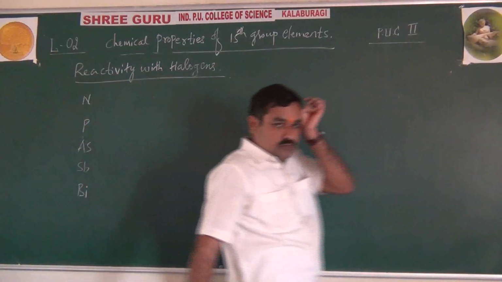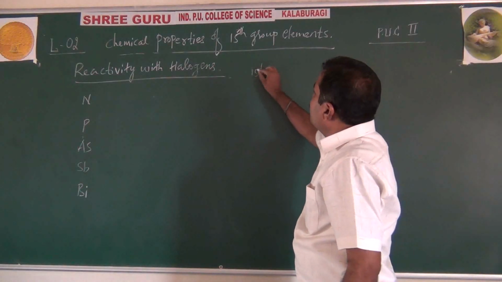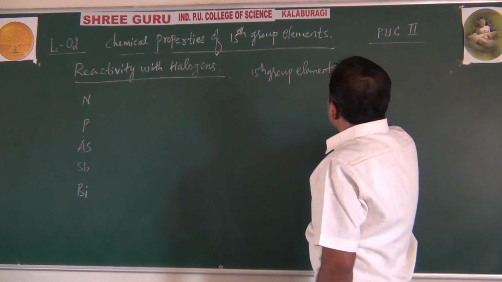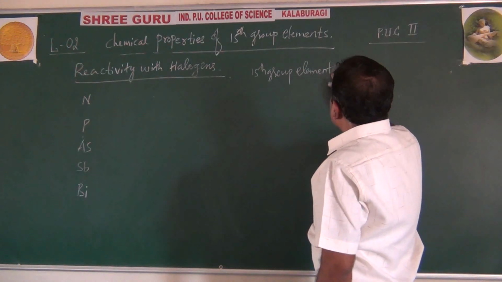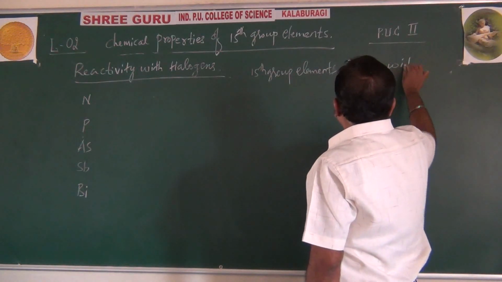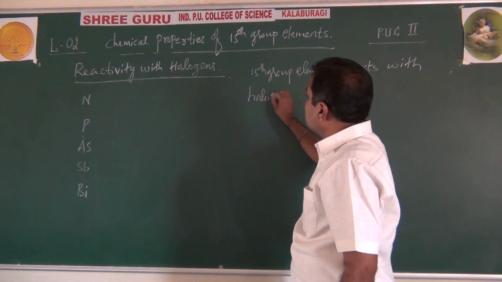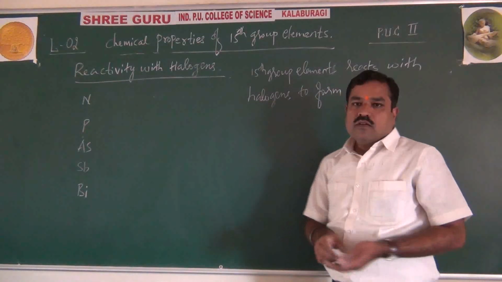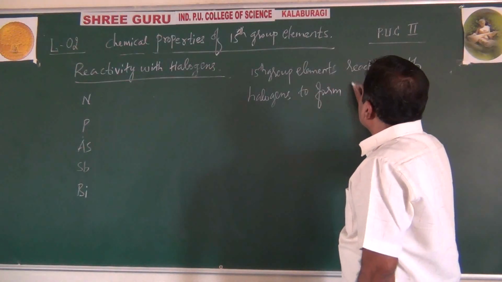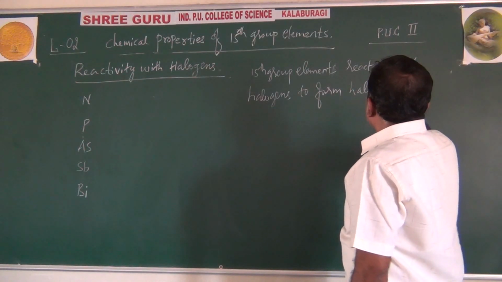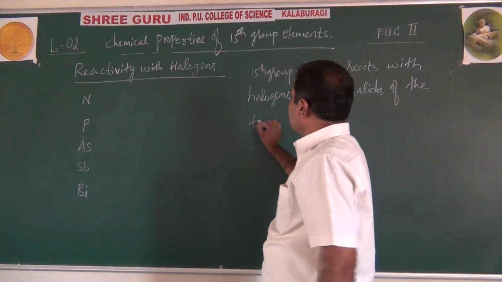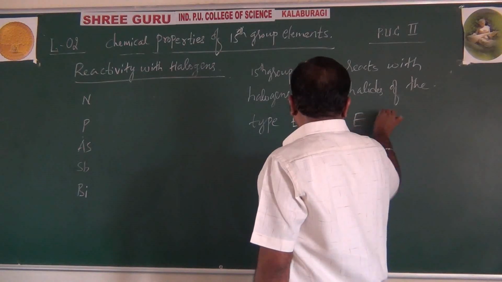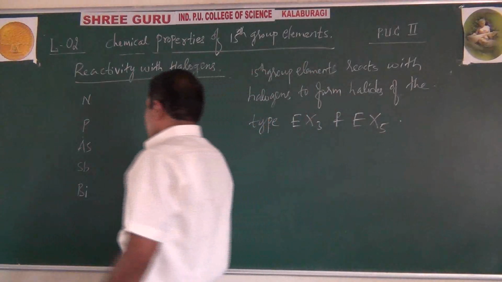Once again, 15 group elements react with halogens to form halides of the type EX3 and EX5.